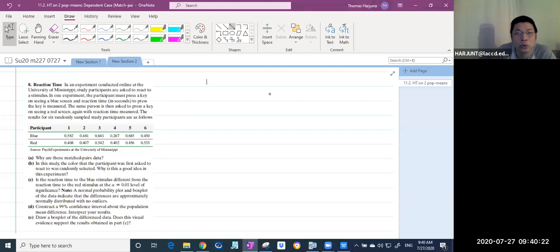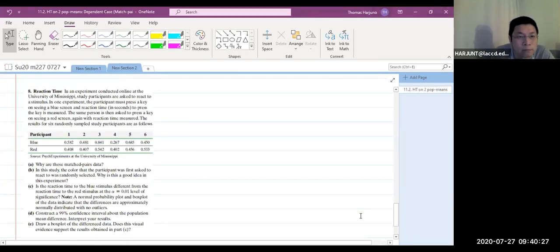Go back to the key. It is because the same person is asked to do two things, to go to blue screen and to do seeing red screen. Okay, it's the same person. So one person has two different treatments.